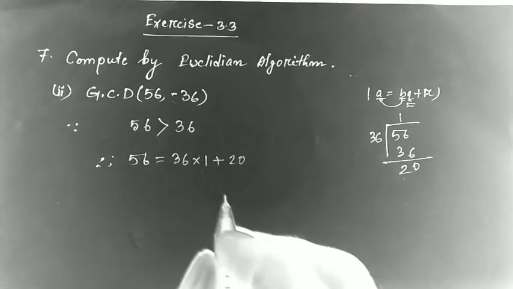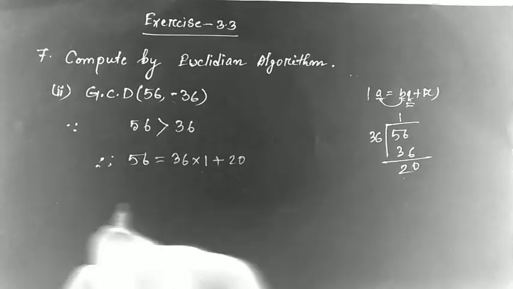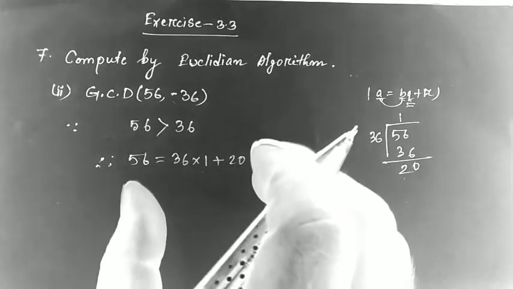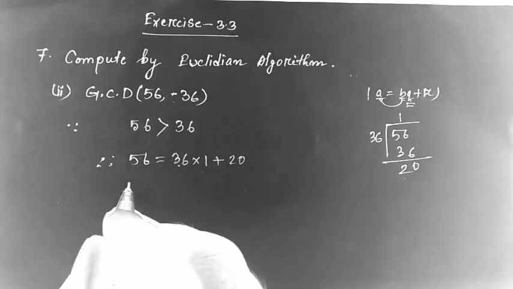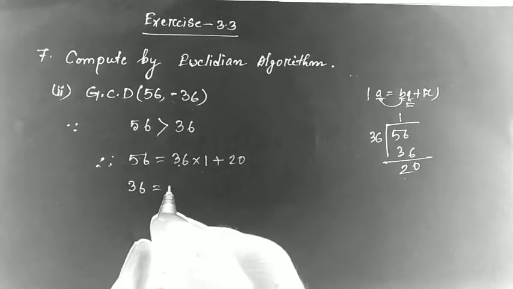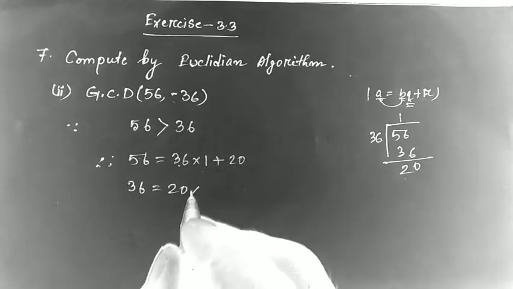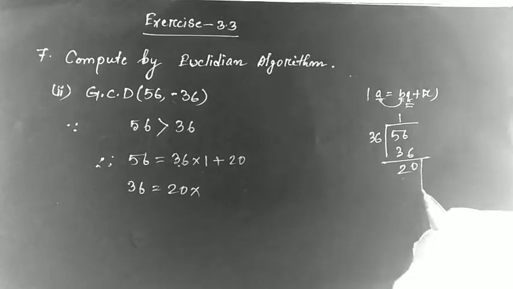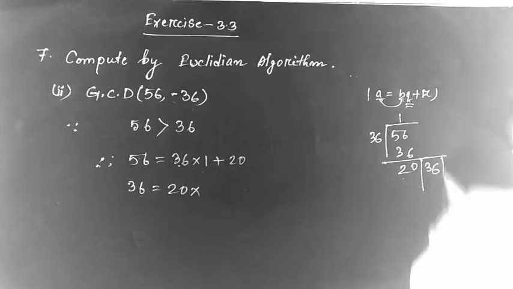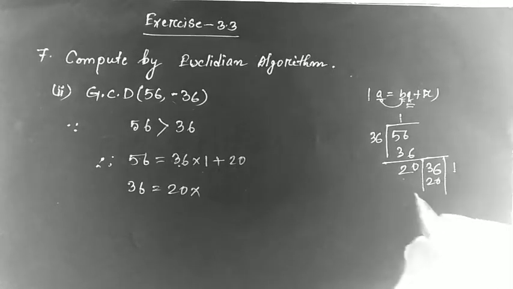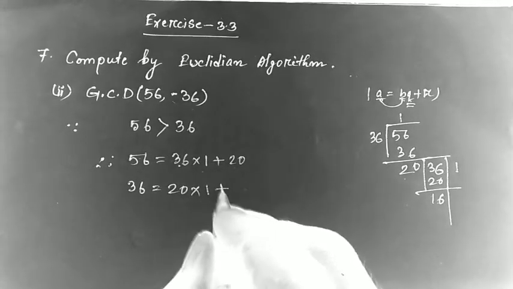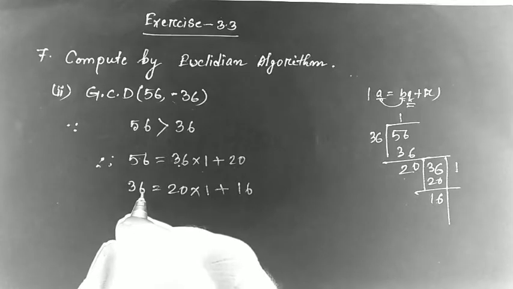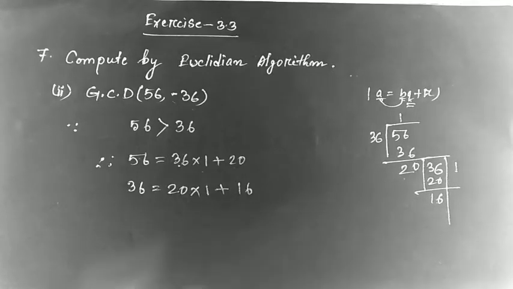Again in the next step, since it is an algorithm, we will write 36 and this remainder 20 here, and after dividing, 20 divides 36 one time, 1 times 20, remains 16. So the remainder is 16.